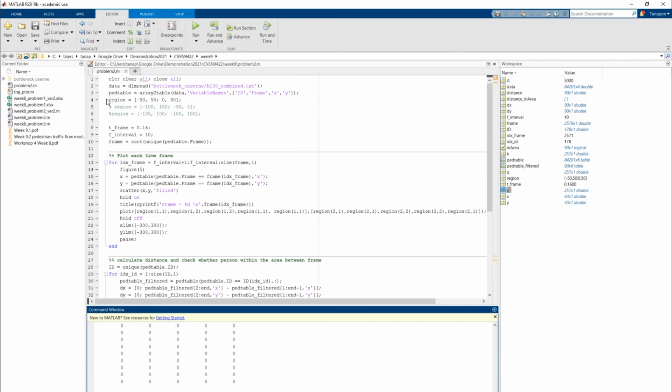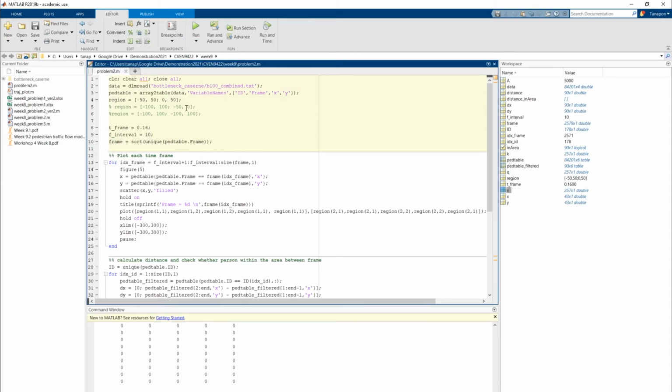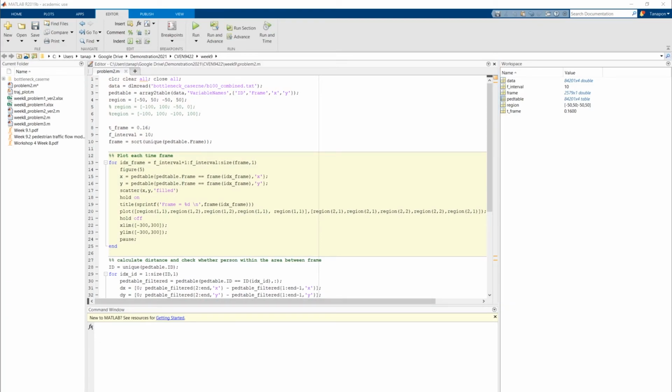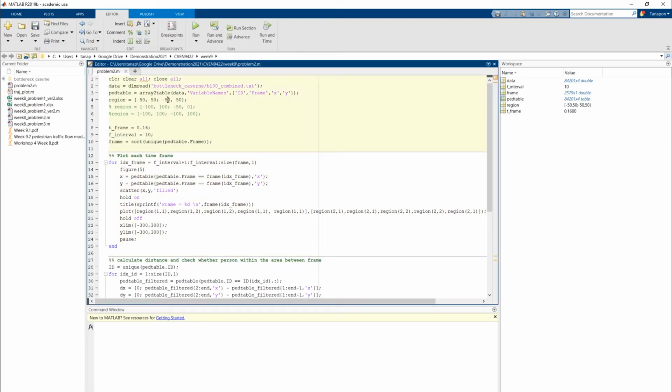what we can do is increase these regions. So instead of this, we can do -50. So we can increase these regions. That's not significant. Let's do 100 and 100.